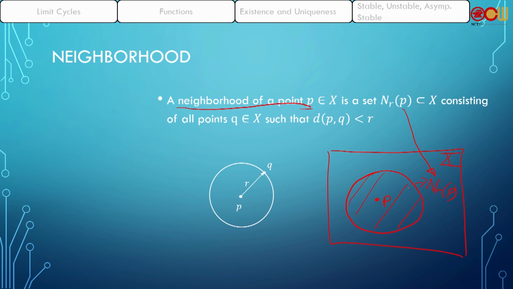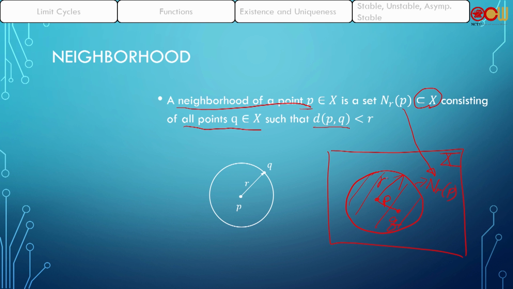And this neighborhood set of P is still in capital X, right? In this rectangle. This neighborhood set consists of every point Q that satisfies the distance between P and Q being smaller than R. That means any point Q here whose distance is smaller than R will be in the neighborhood set.